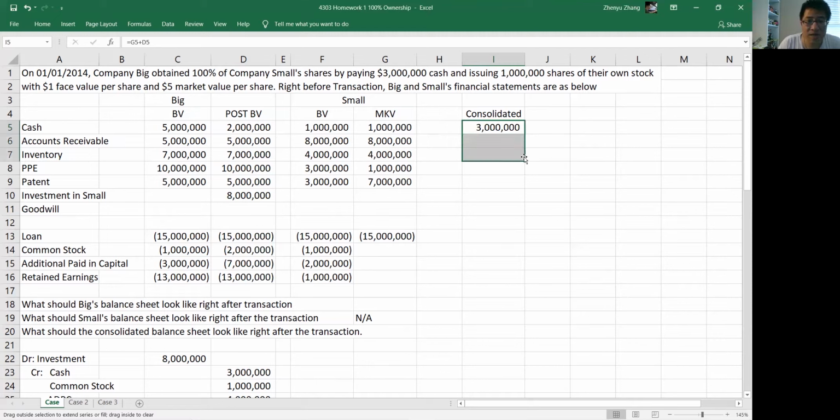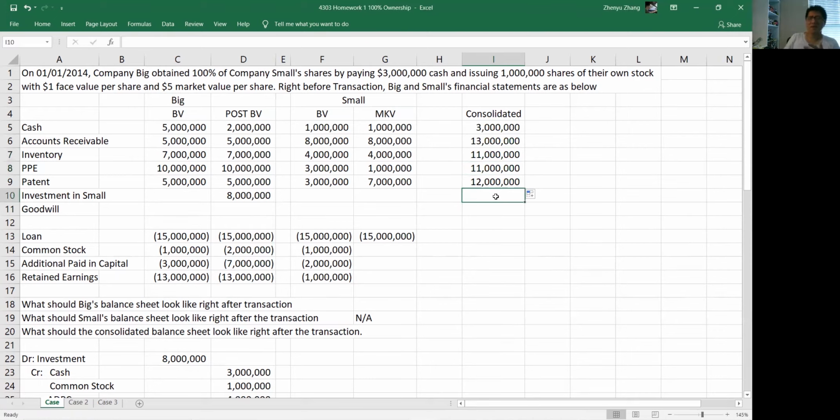Inventory is 11 million. PPE, what is PPE? PPE is 10 million for Big, and book value of 3 million, market value 1 million for Small. We know we should use market value, so it's going to be 11 million. Patents, same reason, it's going to be 12 million.